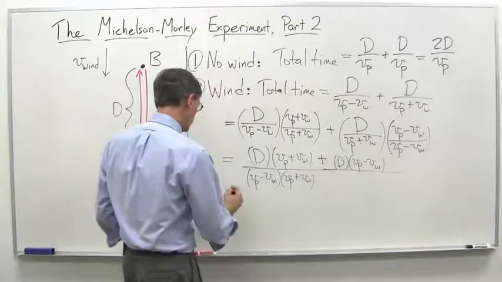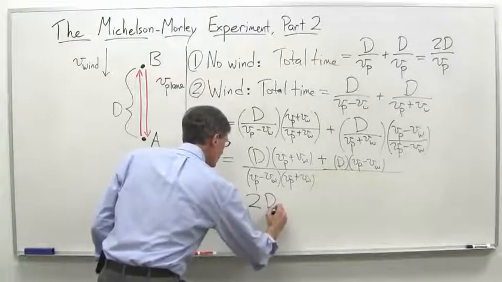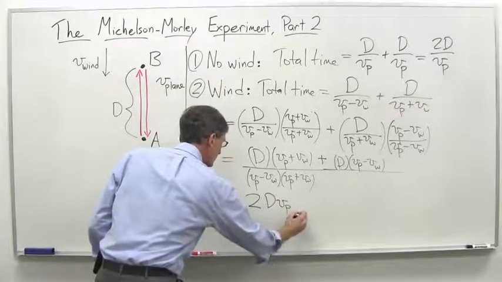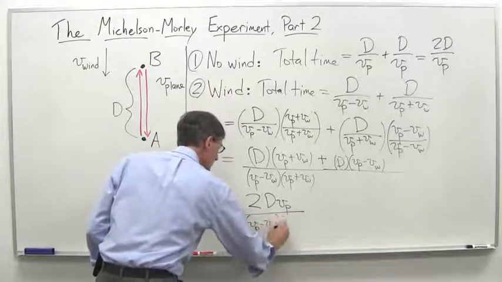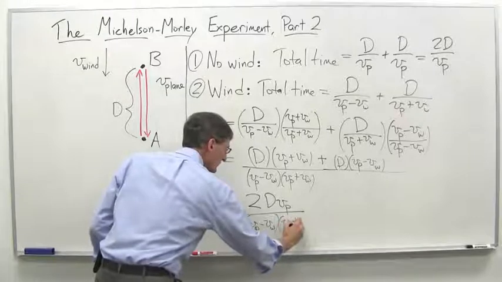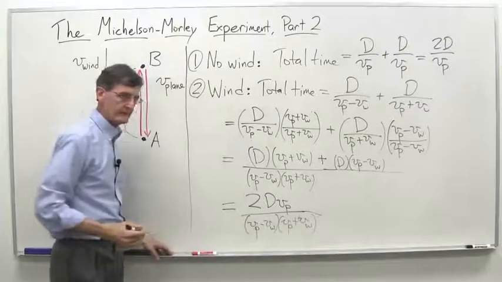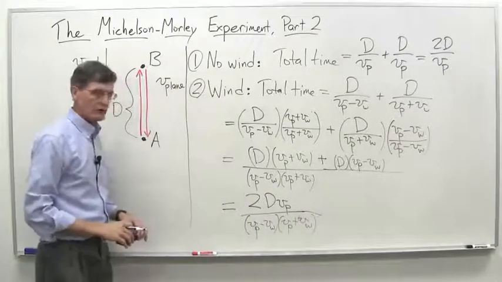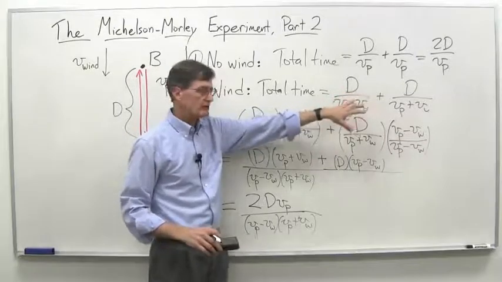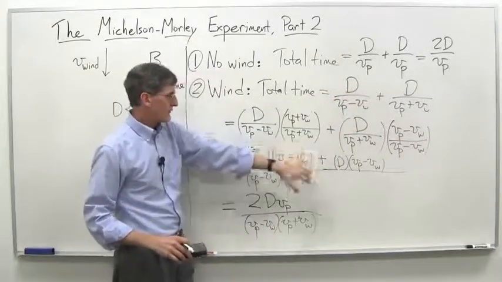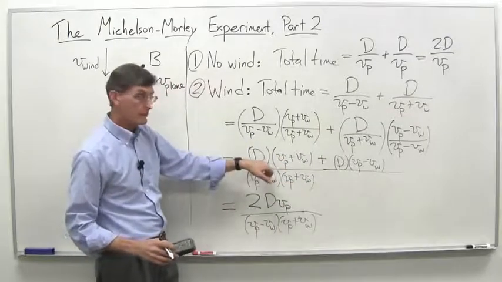So I can write this as, try to squeeze it in down here, 2 times d times Vp, all over Vp minus Vw times Vp plus Vw. And we're going to bring it up here in a minute as well. Okay, so see what we did? We just said, okay, here's our total time, that plus that for each leg. Put them together for a common denominator, and then noted that in the numerator, some of the terms cancel out.